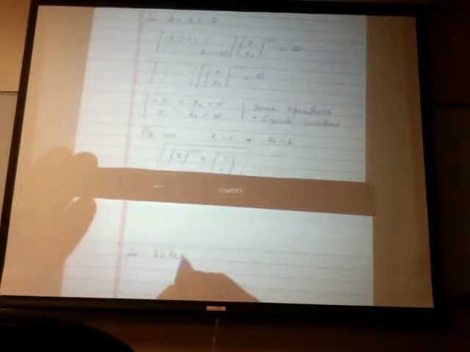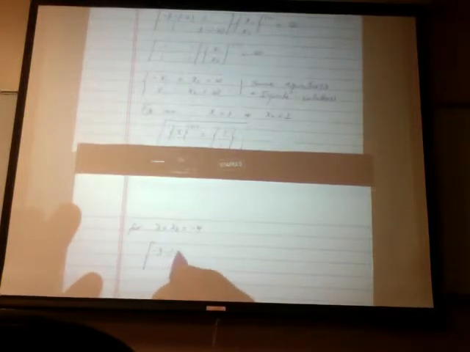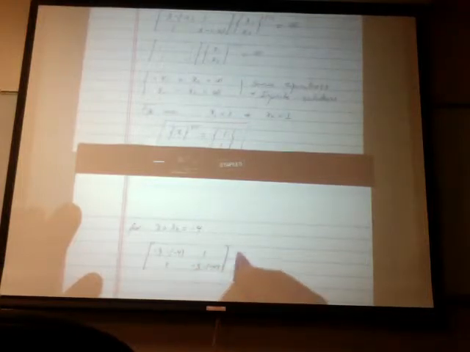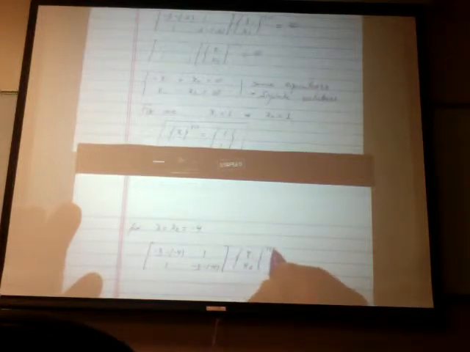Alright, so for the second eigenvalue, which was lambda equals lambda 2, which is equal to -4, then the system of equations becomes -3 minus -4, 1, 1, -3 minus -4. And now we're solving for the second eigenvector.